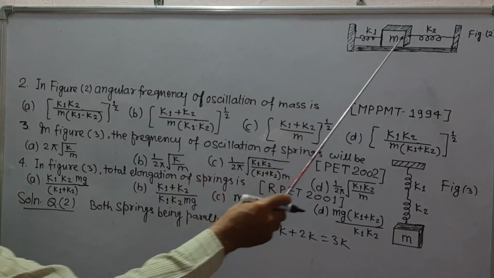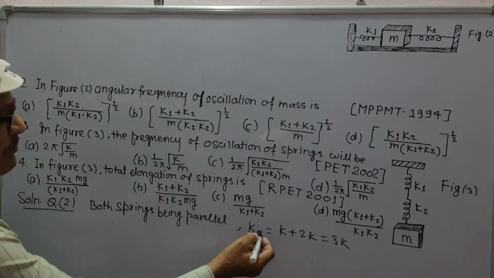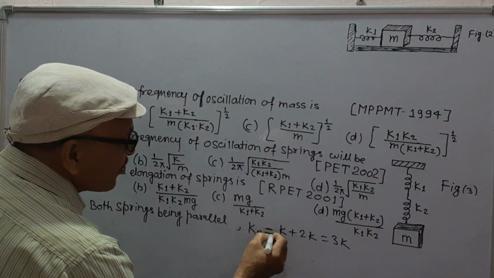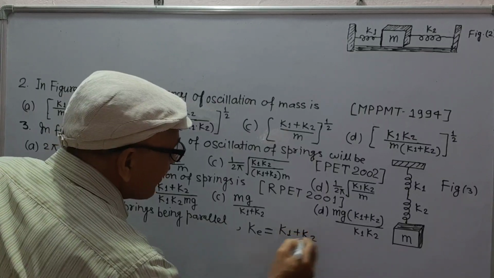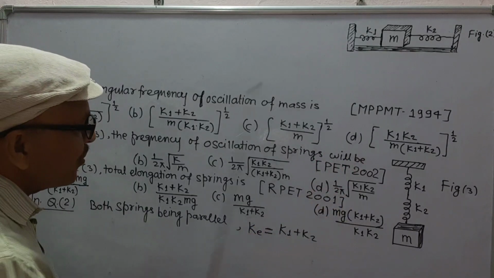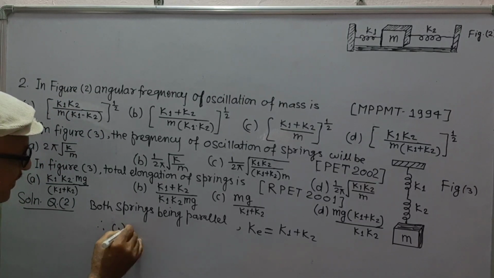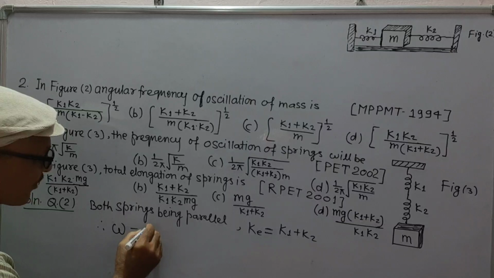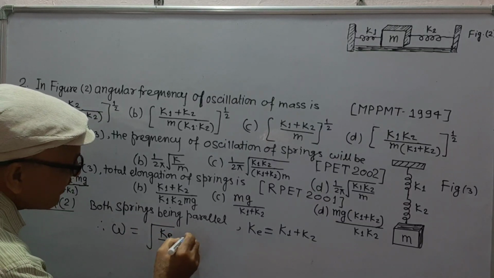As in the above question, both springs are connected in parallel, therefore the effective force constant Ke will be equal to K1 plus K2. Therefore, angular frequency omega will be equal to under root Ke upon M.